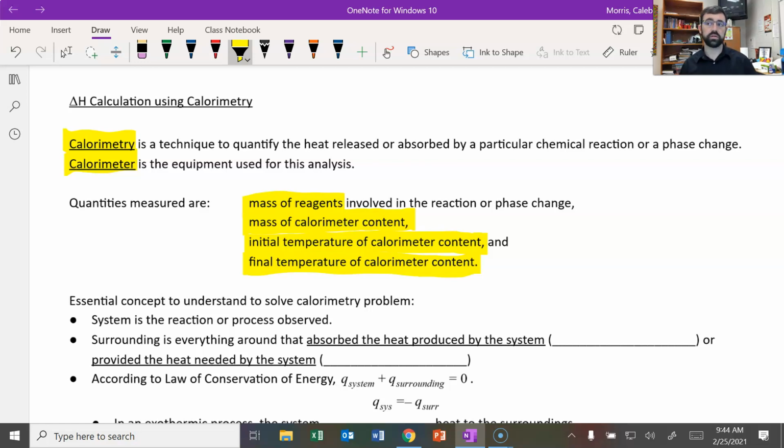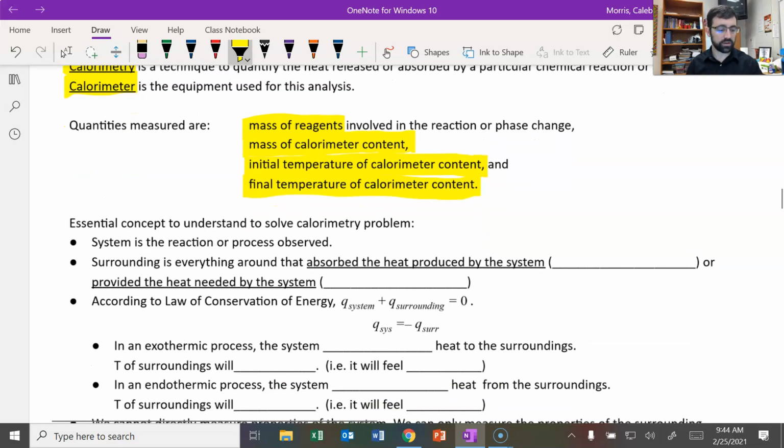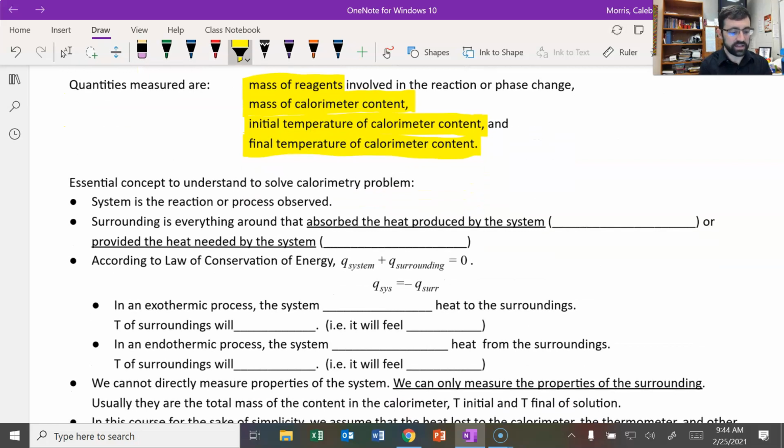Some essential concepts, knowledge that you have to understand to solve the problem right. You need to understand that the system is the reaction or process that's observed, and the surroundings are everything around that absorbs the heat produced by the system. Now let's emphasize this.